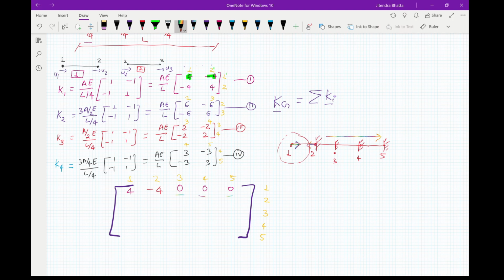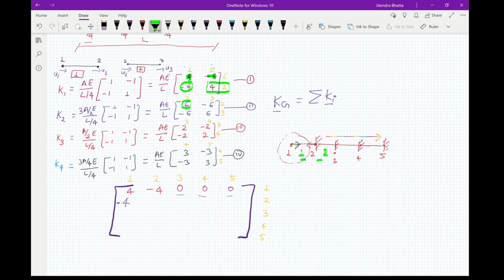Similarly, let's look at the second row. For the second row, you have to look into 1, 2. So you get this one here. So you write minus 4 here. And now, when you're looking into 2, 2, you'll see that this is also 2, 2. And this is also 2, 2. Because this is a common node between this element and this element.